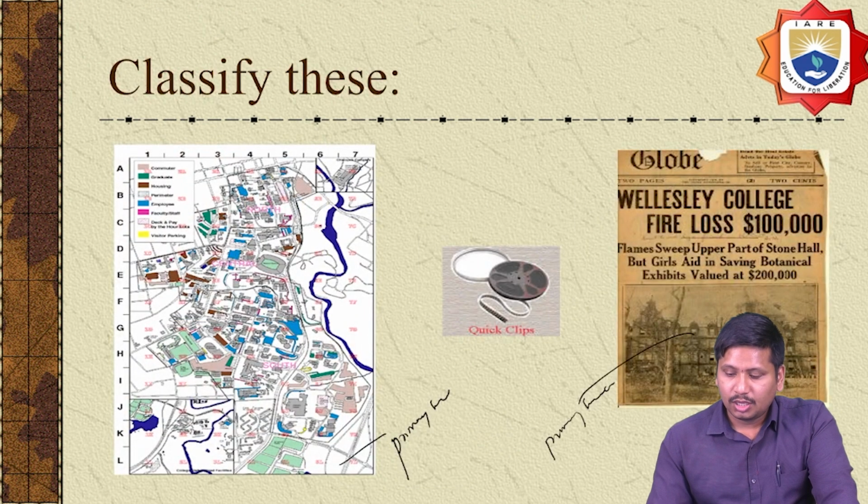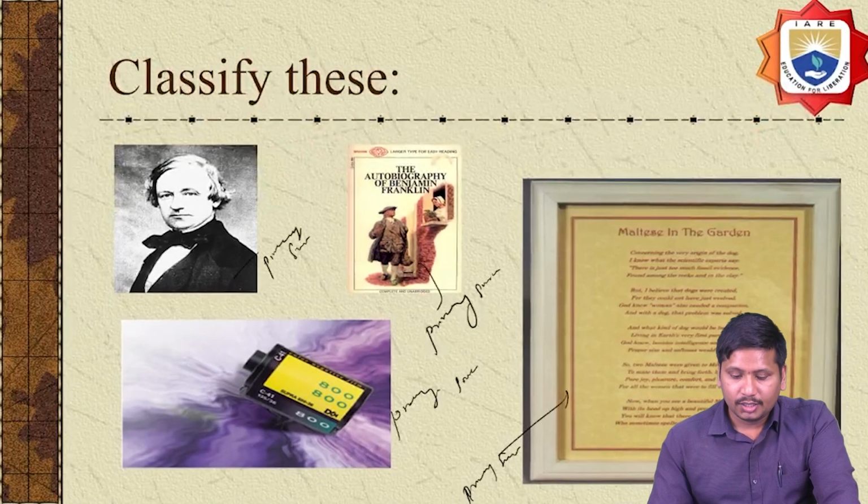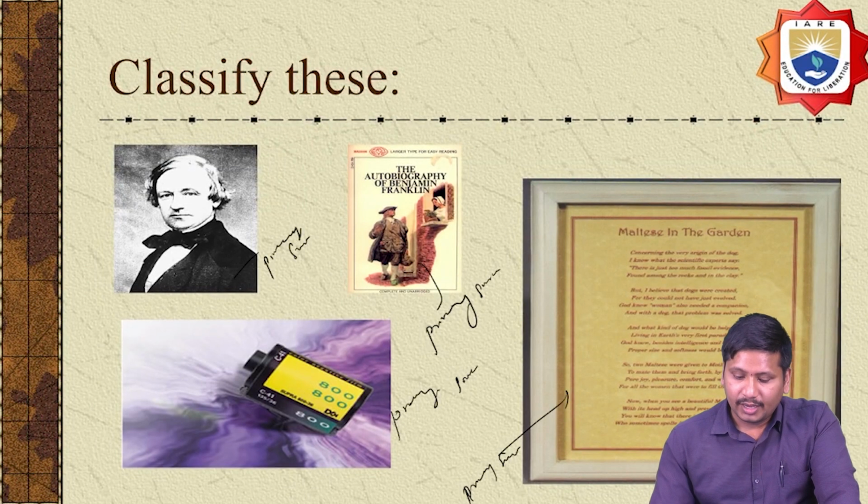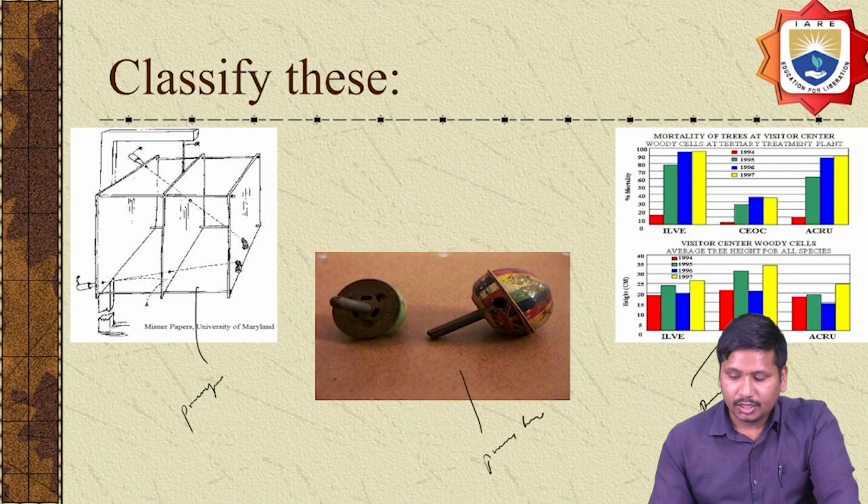And then maps, and newspapers that I am having should also be an example of the primary source. And then pictures, and magazines, and tapes that I am having, and the information I'm getting from this photography should also be an example of the primary source. And then charts, like a bar chart, should also be an example of that.